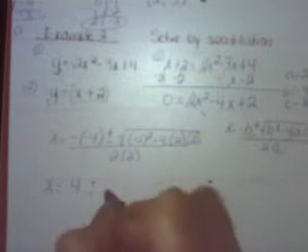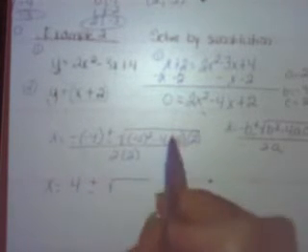So I get x equals, negative negative 4 becomes positive 4, plus or minus the square root, and I'm just going to put everything inside there, simplifying. Negative 4 squared minus 4 times 2 times 2, I get 0, divided by 4.